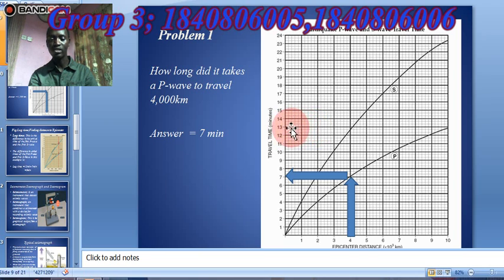As you can see, it requires 13 minutes to travel the same distance that has been covered by the P wave in 7 minutes.